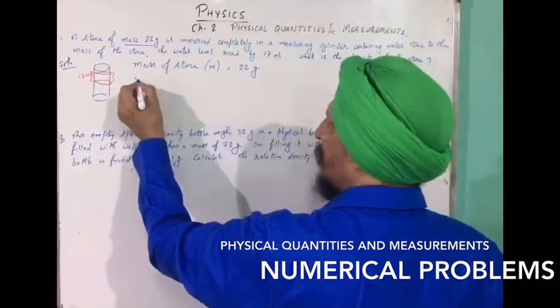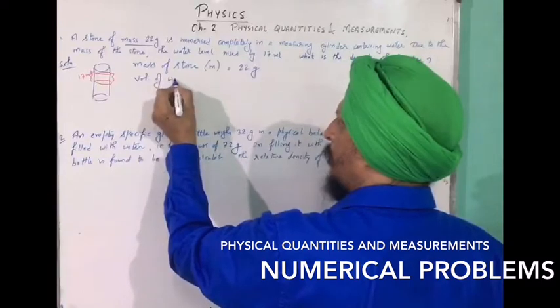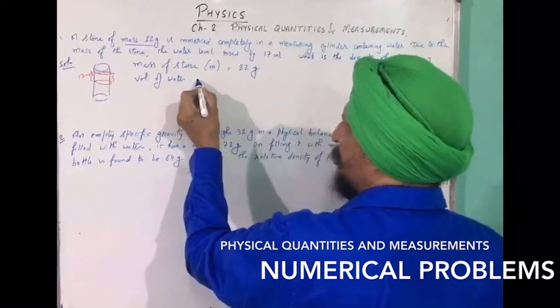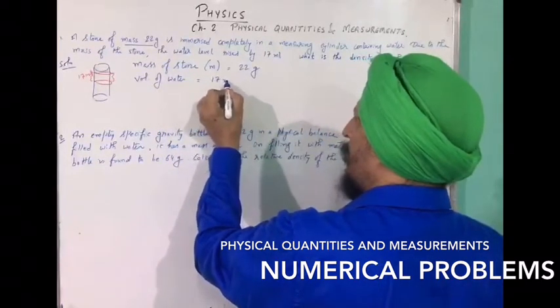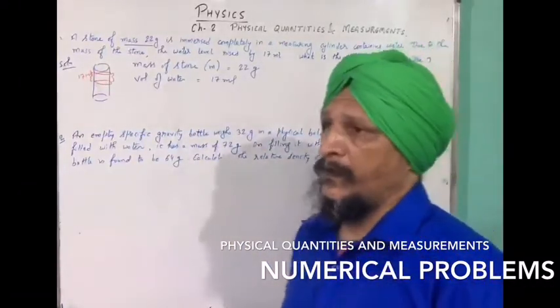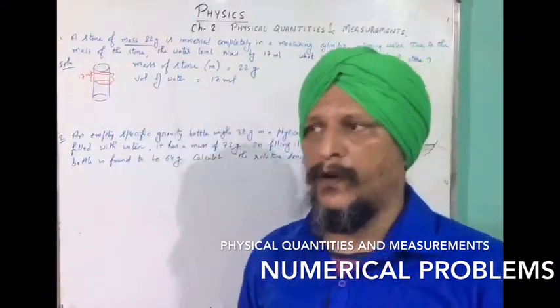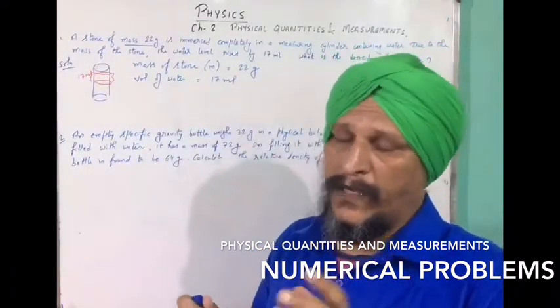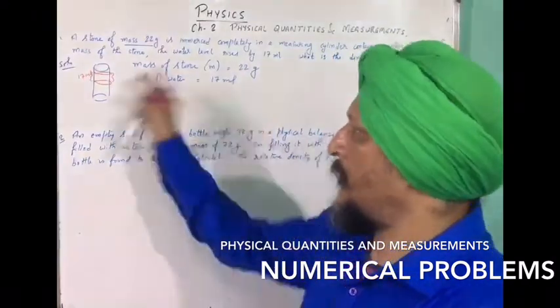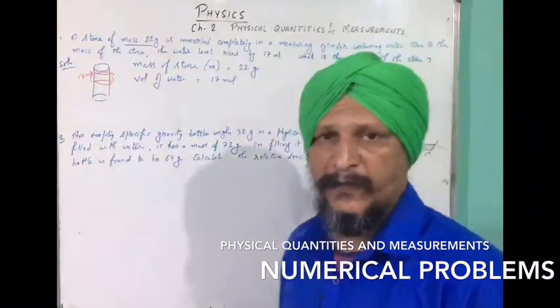This means the volume of water displaced is 17 ml, and you must keep in mind that the volume of stone is equal to the volume of water displaced, according to Archimedes principle.